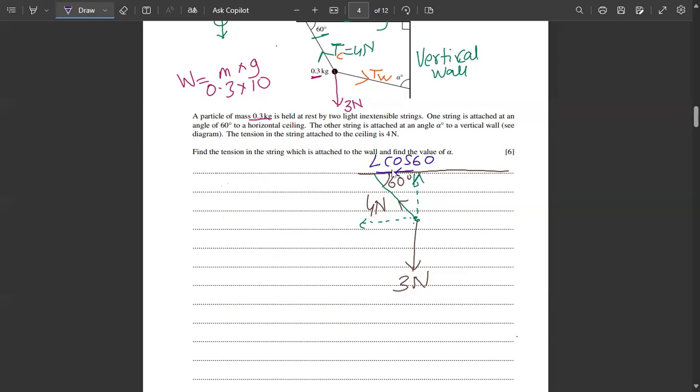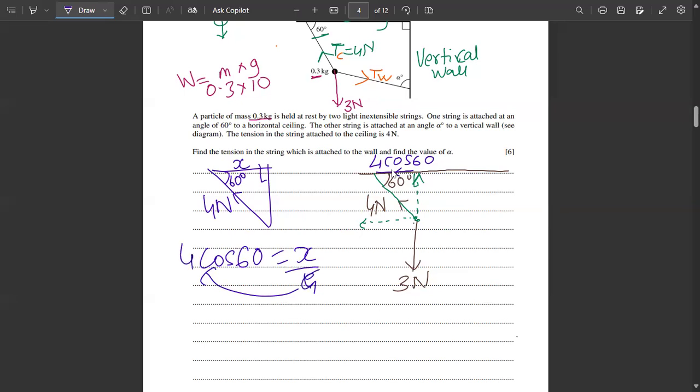And we know the formula, it will be 4 cos 60. Why? Let me show it to you. Because this is a 90-degree triangle, this is 4 Newton, this is 60 degrees. If I want to find this x, then cos 60 will be x by 4, and it will go up: 4 cos 60.